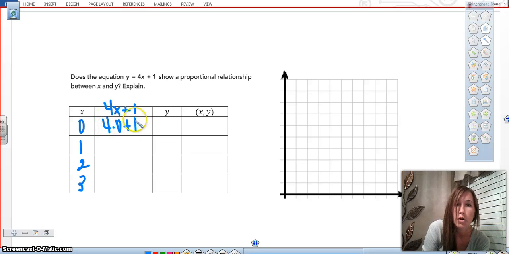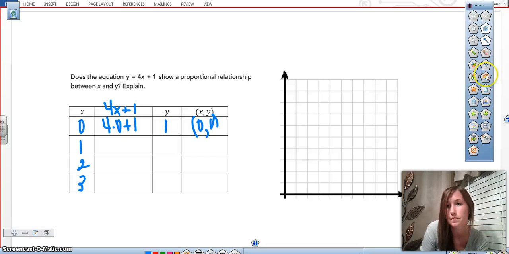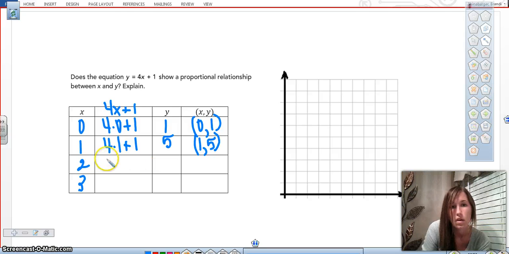4 times 0 plus 1 would be 0 plus 1, which is just 1. So my x value is 0 and my y value is 1. 4 times 1 plus 1 makes 5. 1 with 5. 4 times 2 plus 1 makes 9. 2 with 9.